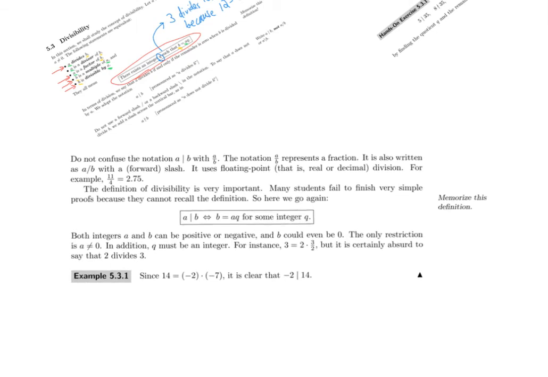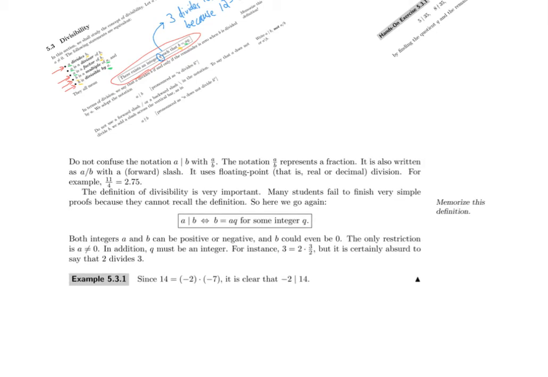So back to this idea that we should not confuse the statement a divides b with the expression a divided by b. a divided by b, or a over b, is a fraction. It means take a and divide it by b. It's a calculation. That's not the same as this statement, which is true or false, depending on what a and b are. When we say a over b, or a slash b, that means a divided by b.